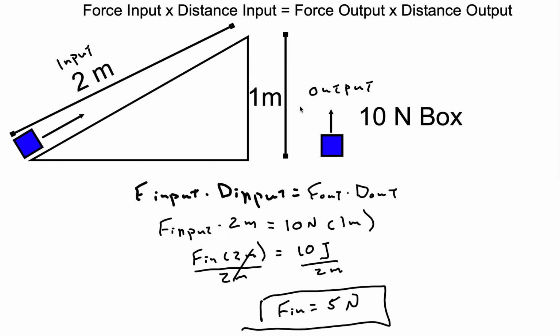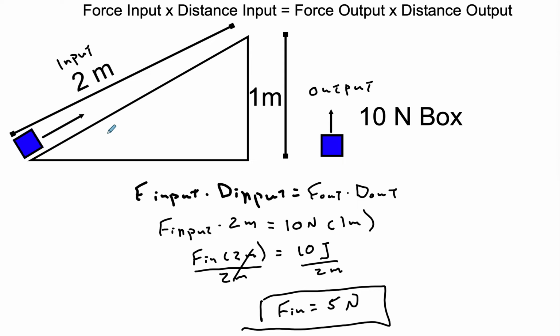So if you look, you guys, if I didn't use this machine, I would have to apply a force of 10 newtons. Now I did use the machine, so I only have to apply a force of 5 newtons. Now why was the force half? The force was half because the distance was double.